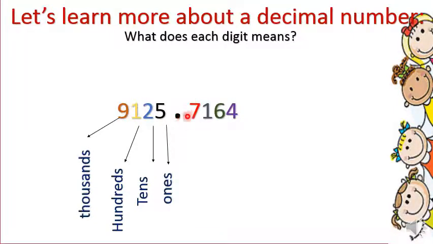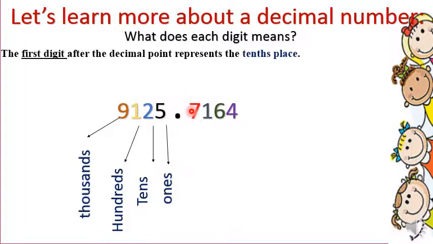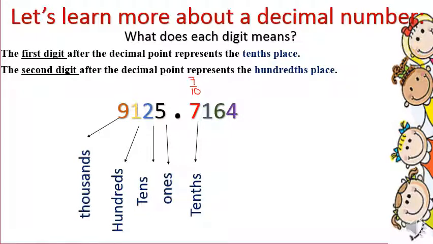If we start with the first digit in the decimal part, it's called tenth. Why is it tenth? Because it represents an amount which is 7 out of 10. The second digit in the decimal part is the hundredth. Why?